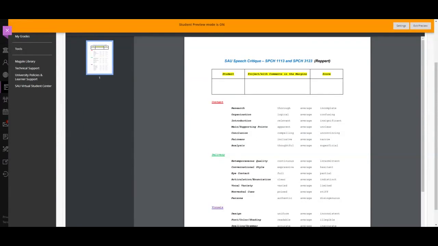Your conversational style expressive, your eye contact full, your articulation and enunciation clear, your vocal variety varied, because remember, your voice is a musical instrument, your nonverbal cues poised.